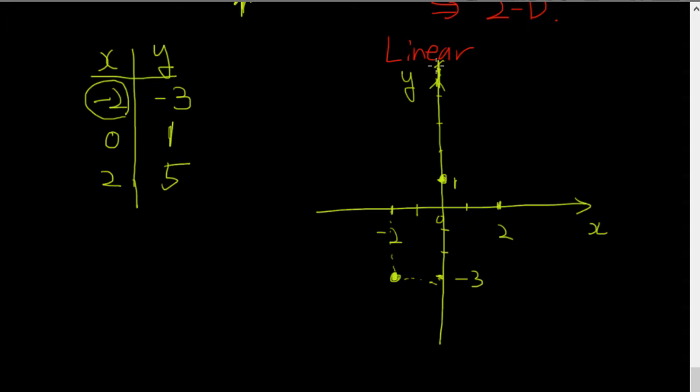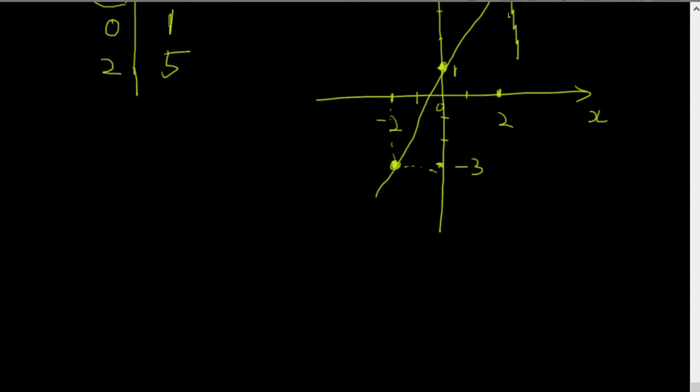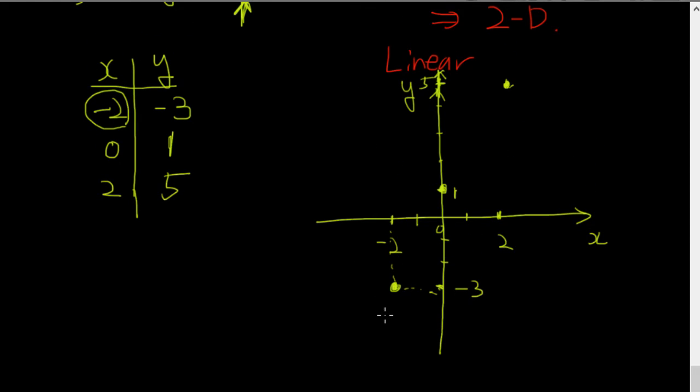This should be a little bit longer, so it's about here. Let's say that's 5. So now we have these 3 points. All we really need to do is connect them with a straight line.